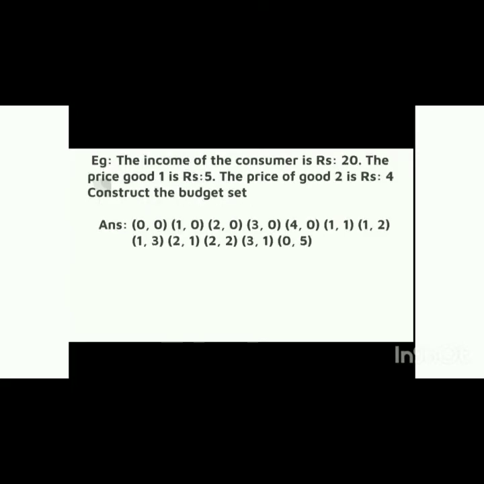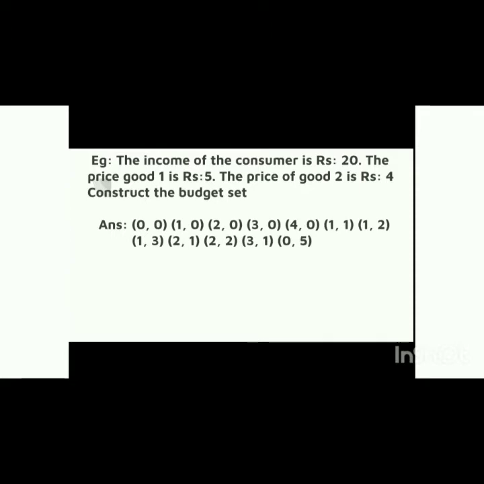For example, the income of the consumer is rupees 20. The price of good 1 is rupees 5. The price of good 2 is rupees 4. Therefore, the following are the consumption bundles available to that consumer.